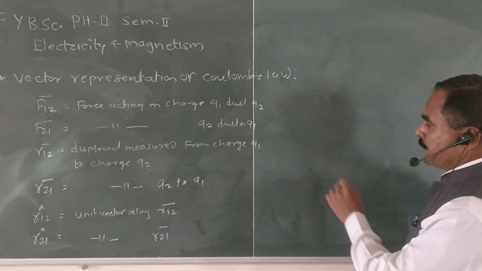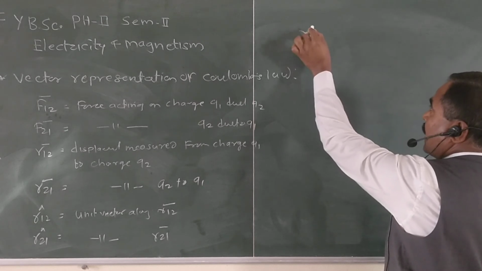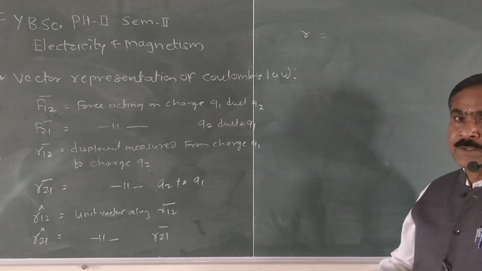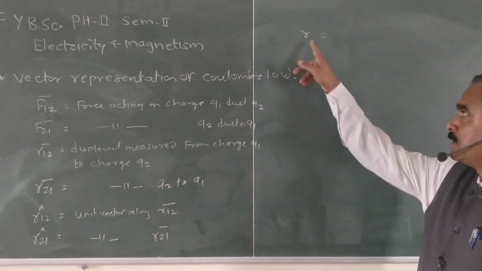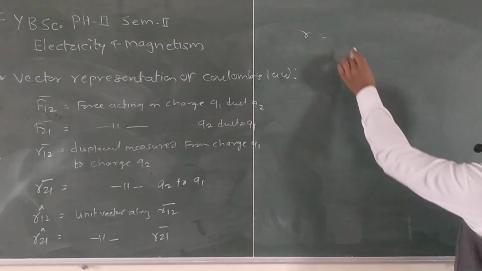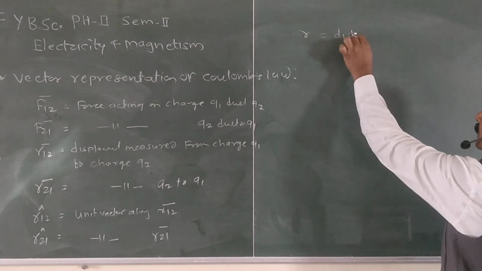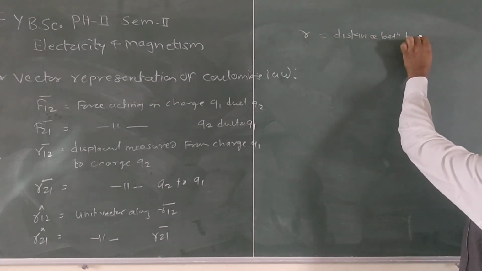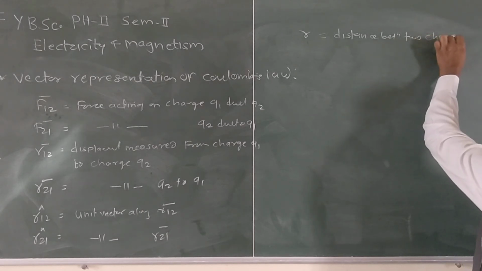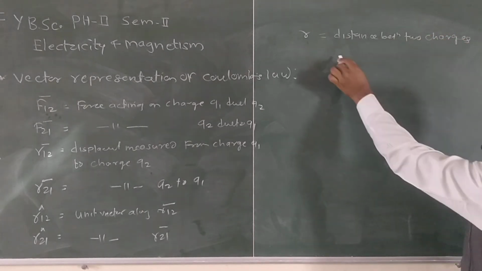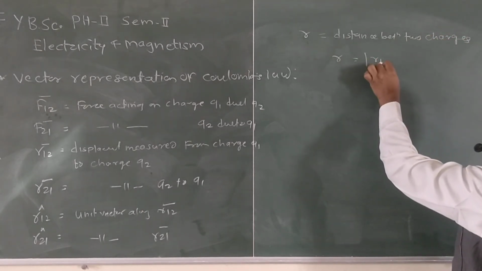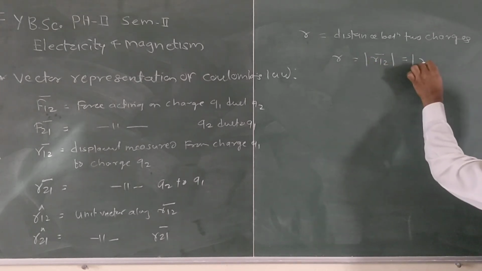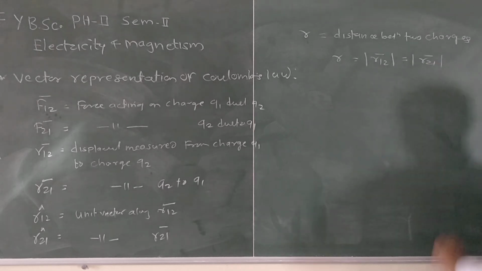Then the last one is R, and R is the distance between two charges. That is R equal to mod R12 bar equal to mod R21 bar.